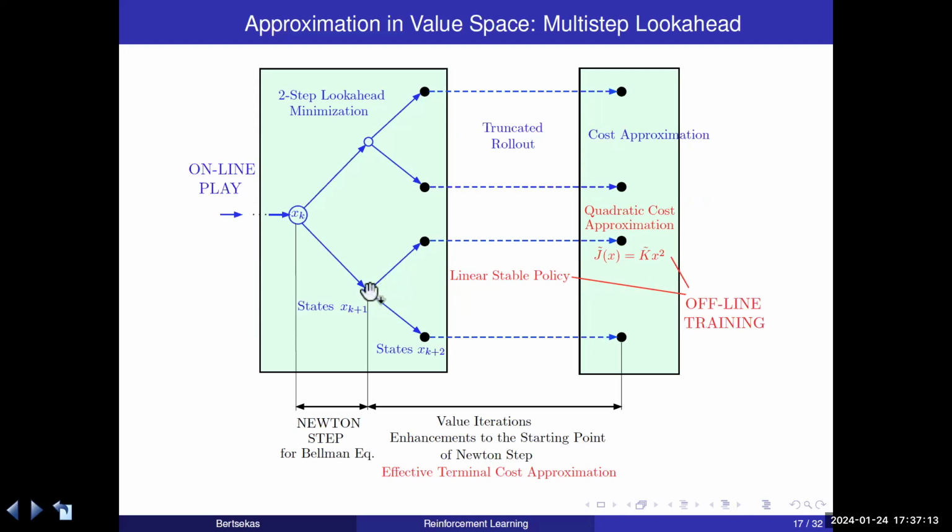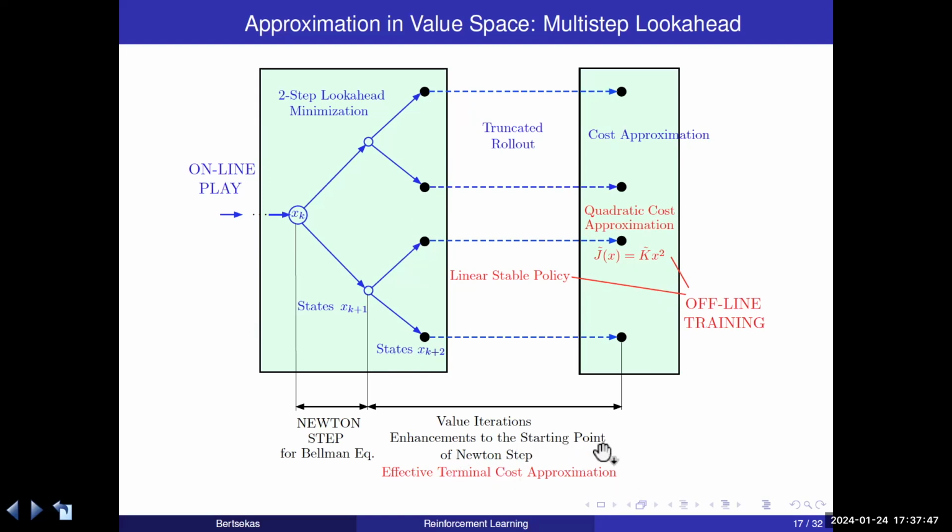What these are: there's one value iteration here, multiple value iterations in the case of look ahead of more than 2 steps. There's also some other stuff here, and there's also cost function approximation. So the interpretation that we are going to give is that this general scheme involving multi-step look ahead and perhaps other stuff is a Newton step, but applied to something different than J tilde, something that has hopefully been enhanced.